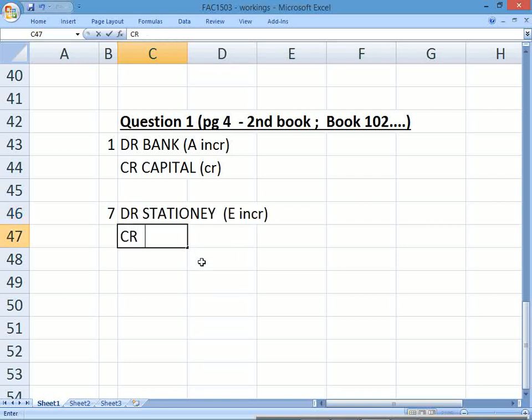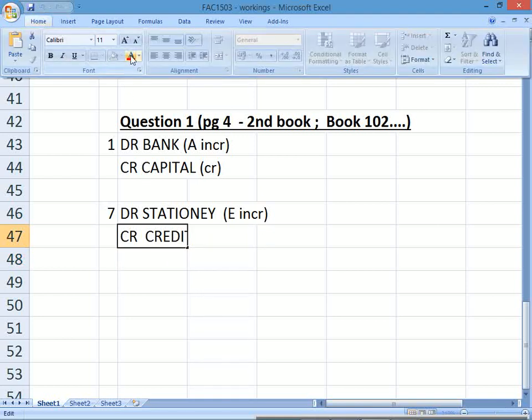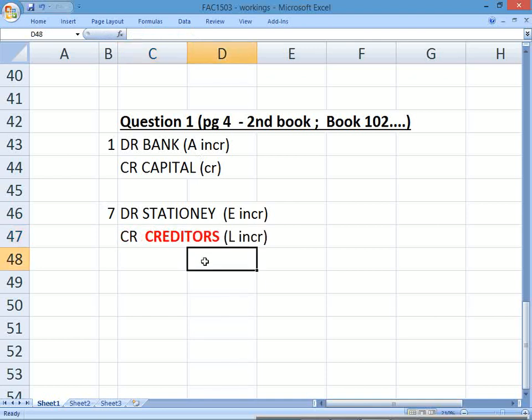Credit the creditors, liability increase. The word creditor refers to a supplier who you've bought from on credit. The supplier is called your creditor.